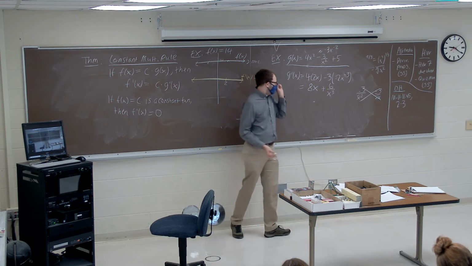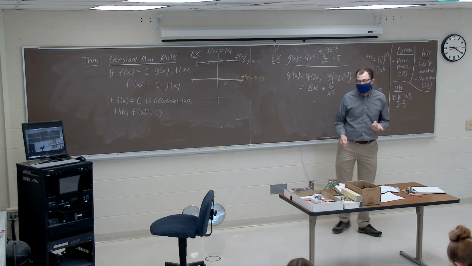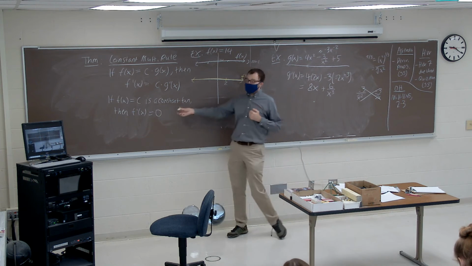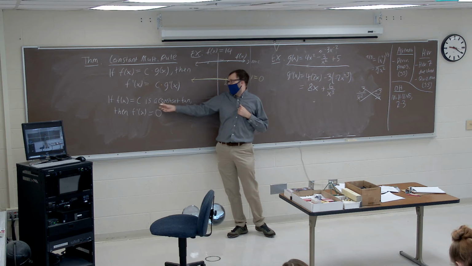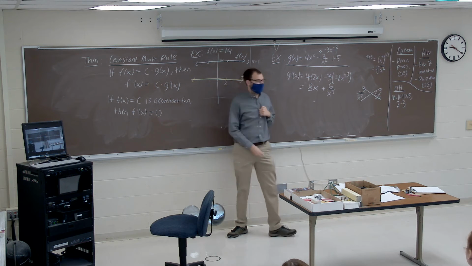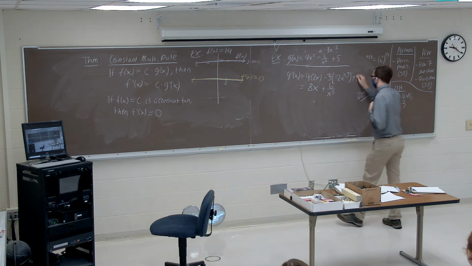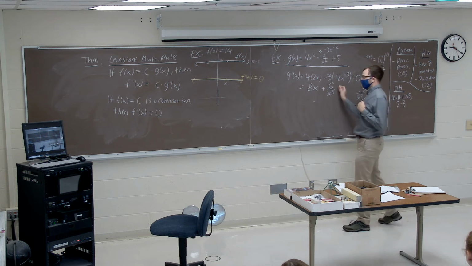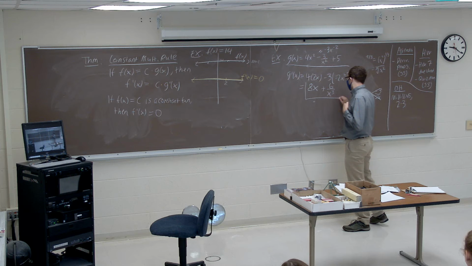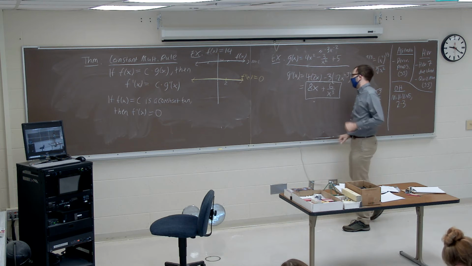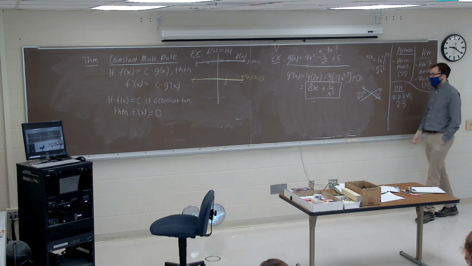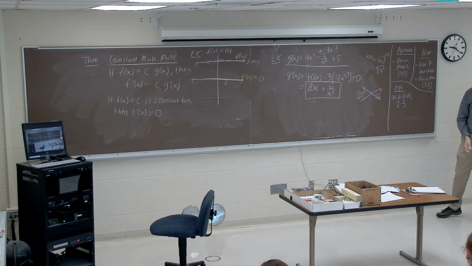The plus 5 is just a constant term, and according to the second part of the constant multiple rule, anytime we differentiate a constant by itself, it just goes away and becomes 0. So it's not even going to affect our final derivative, which turns out to just be 8x plus 6 divided by x cubed.